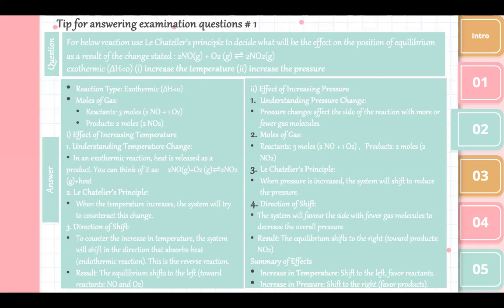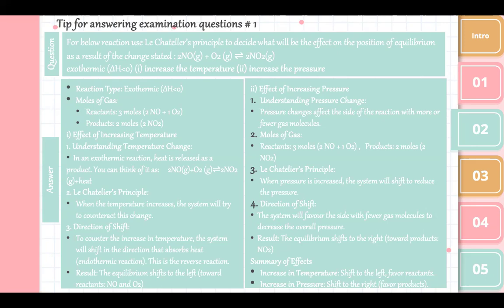We have NO in the form of gas plus O2 also in the form of gas, and we have the product 2NO2 in the form of gas, and the reaction is exothermic, which is delta H less than 0. You have to decide what will be the effect on the position of equilibrium when there is an increase in temperature and an increase in pressure.